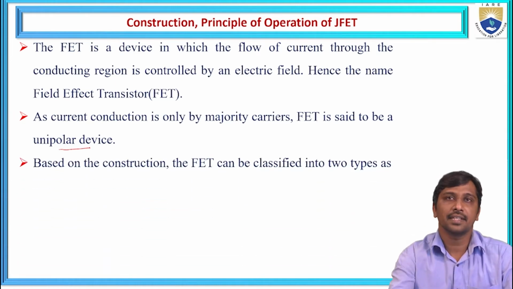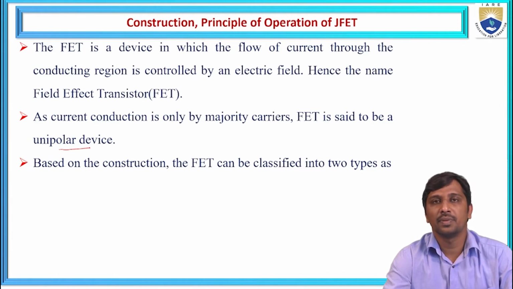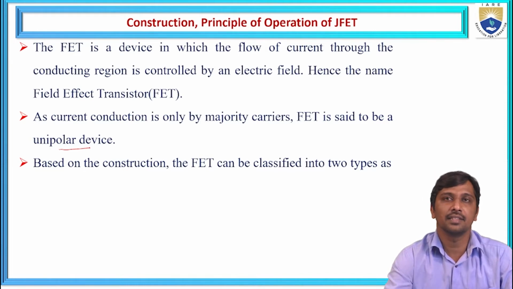Based on the construction, if you want to design a BJT or bipolar junction transistor, we take it as either an NPN transistor or a PNP transistor, based on the doping levels of the materials and the construction of the transistor.